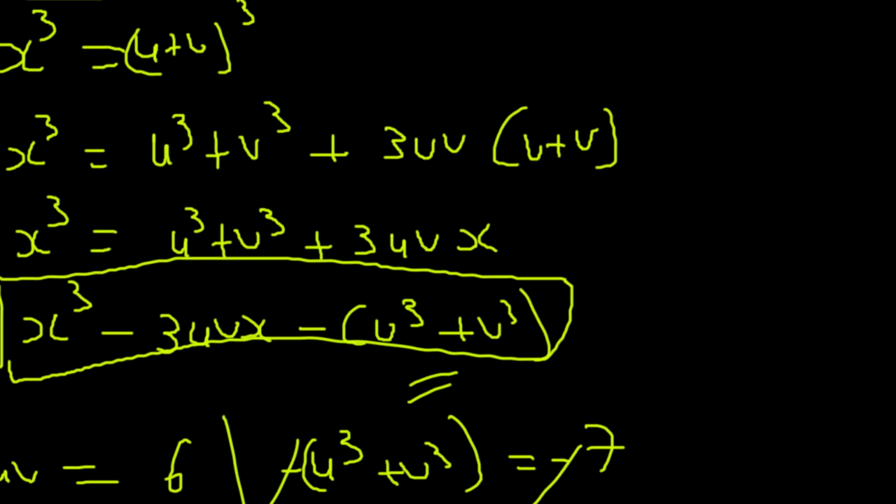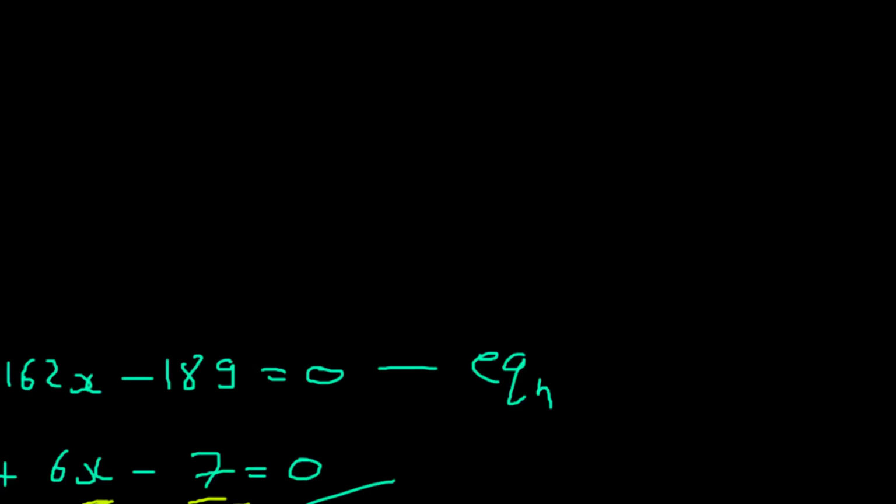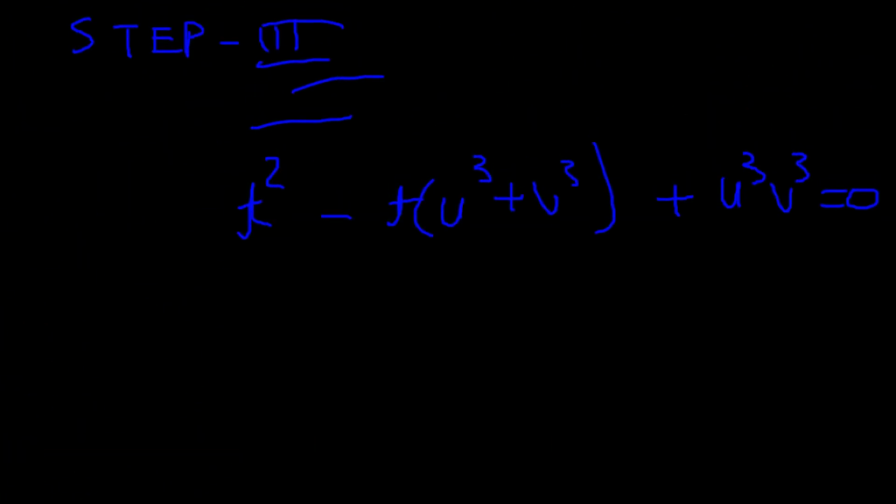Let's just put the values. I know it is a long one, but believe me, it's the easiest thing you can solve. It's definitely one of the easiest topics I know.